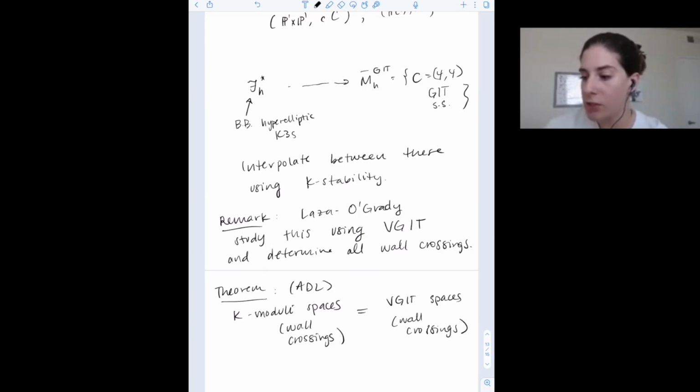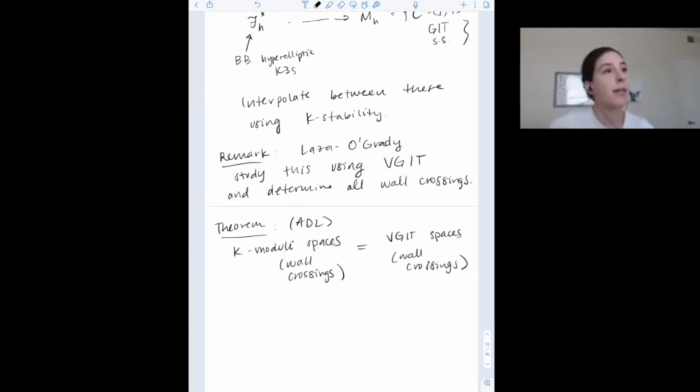So we show that the K-moduli has to coincide with the VGIT, and then we can use their result to explicitly write down all of the wall crossings.